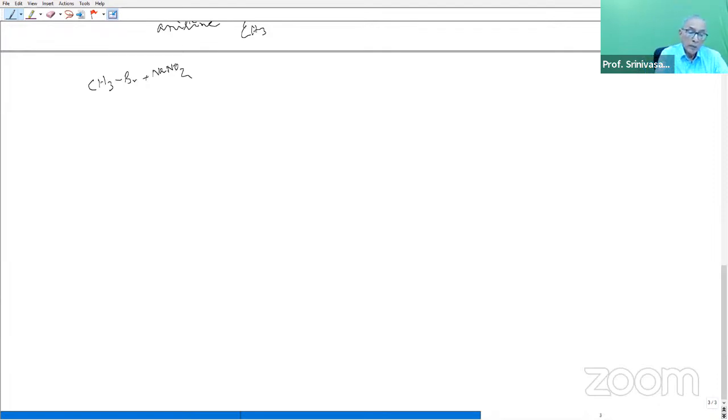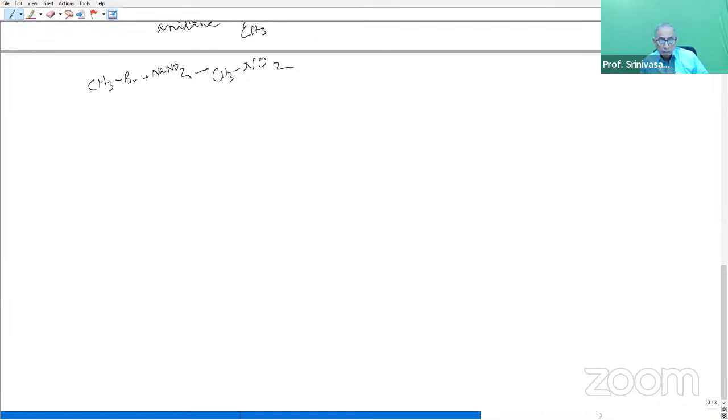The nitro group acts like a nucleophile, substitutes the methyl bromide, removing the bromine as bromide ion. So this gives nitromethane. So a lot of aliphatic nitro compounds can be prepared by this reaction.